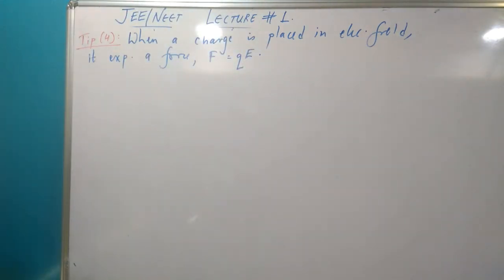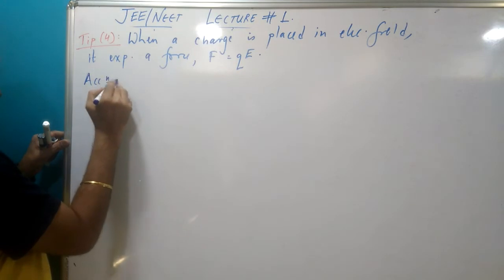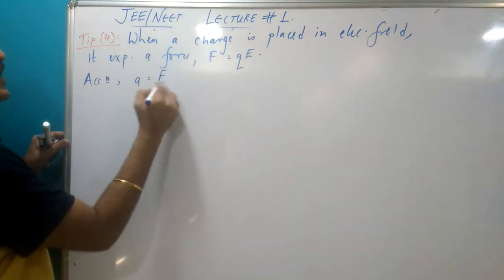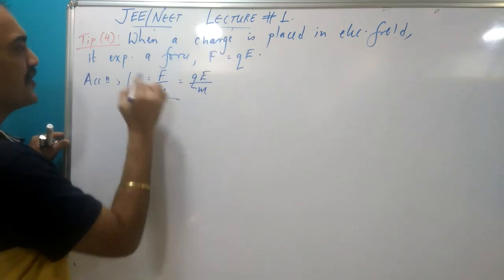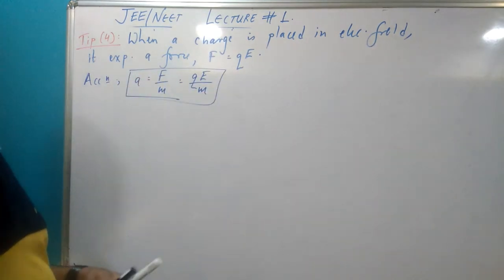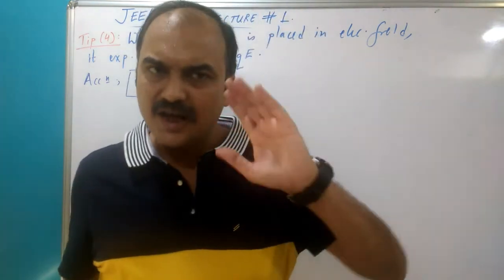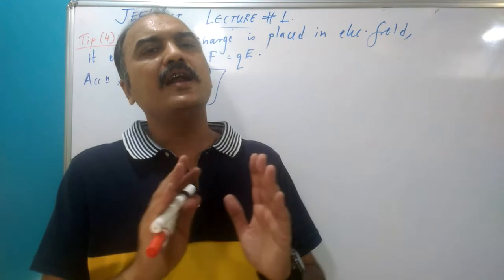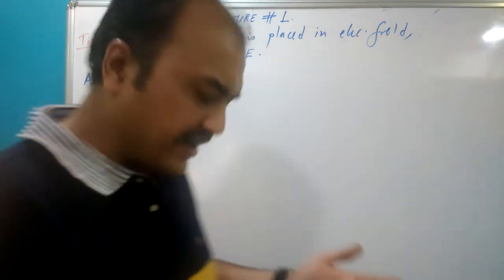Utilizing this idea, we also saw that there were accelerations and stuff. So acceleration A was F by M, which was QE by M. And we also saw that if the charge Q is positive, force and acceleration are in the direction of the electric field, and if charge Q is negative, force and acceleration are opposite to the direction of the electric field.